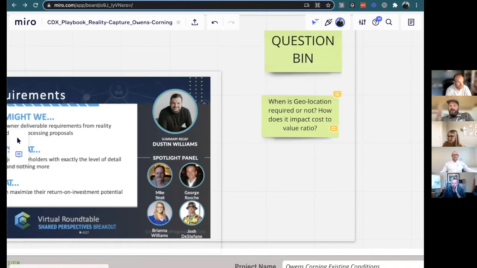So if it's a BIM 360 model or something like that, everyone's going into a Procore, a Revizto, one of those, models are being aggregated and published out in a global coordinate system typically. And that helps with other things.